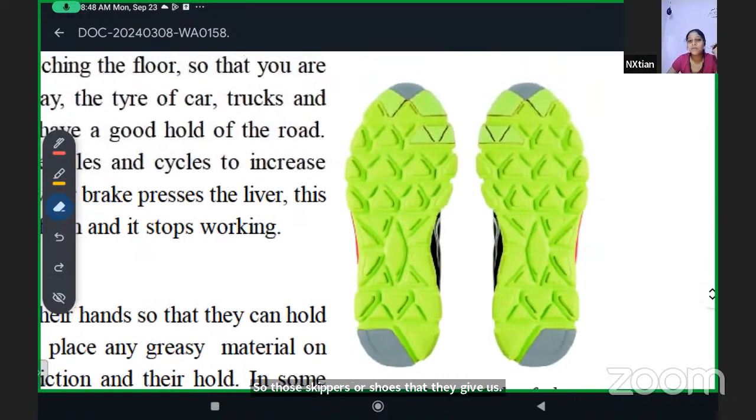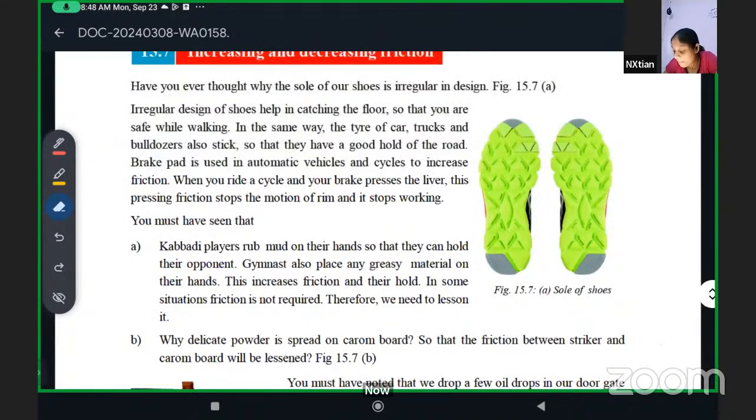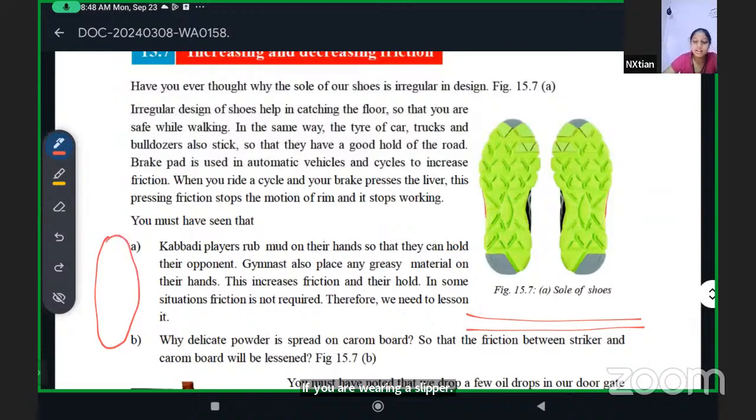Now what happens? Suppose you are walking on a flat, smooth surface, marble or tiles. If you are wearing a slipper which has a normal sole, the smooth surface of the slipper sole will come in contact with the smooth surface of the floor and you will slip like this.